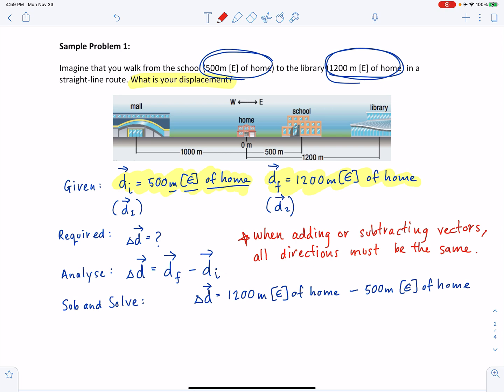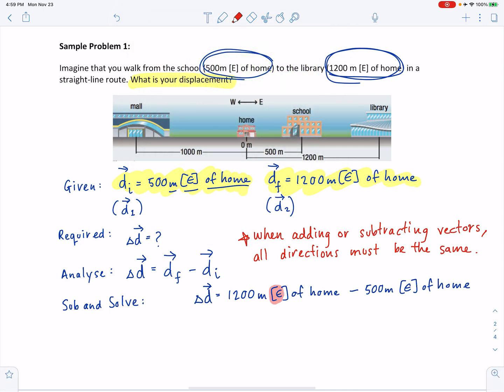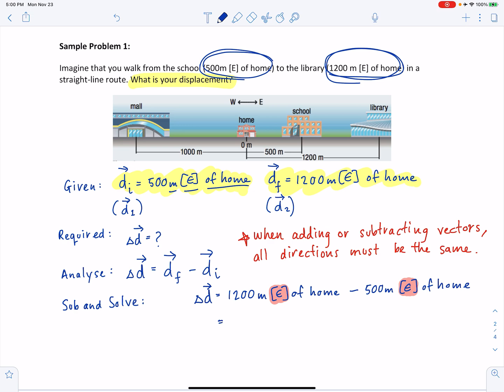In this example, we're subtracting 1,200 meters east and 500 meters east. Both of these are the same direction, so we can just proceed and subtract these algebraically. That means take out your calculator and do 1,200 minus 500.